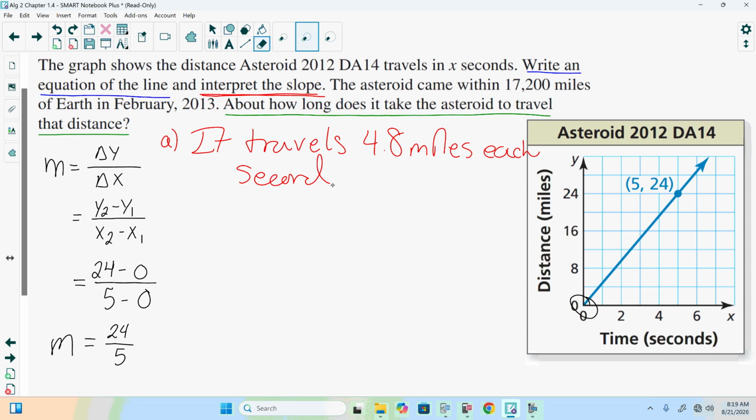You don't have to write both. And especially when it comes to the homework assignment, I am mainly looking to see, did you explain what the slope is saying? That's all I'm looking for. I'm not looking for exact wording. Yeah, we could say it travels 48 miles every 10 seconds. As long as it is exactly describing the slope, that's all I'm looking for.